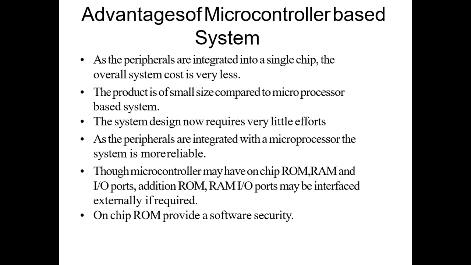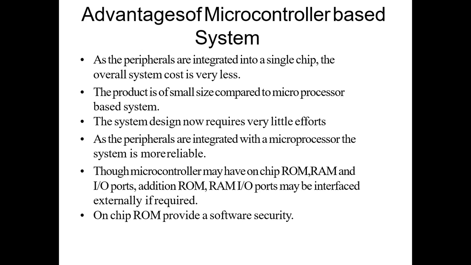With built-in peripherals, the system complexity is reduced, and the physical connections are already made available within the chip itself, so it is more reliable compared with microprocessor-based systems. Microcontrollers additionally have internal memories like RAM, ROM, and input output ports, which makes system design very easy, and having internal memory provides security to the internal data.